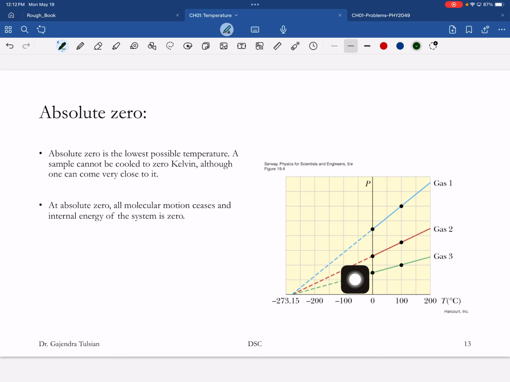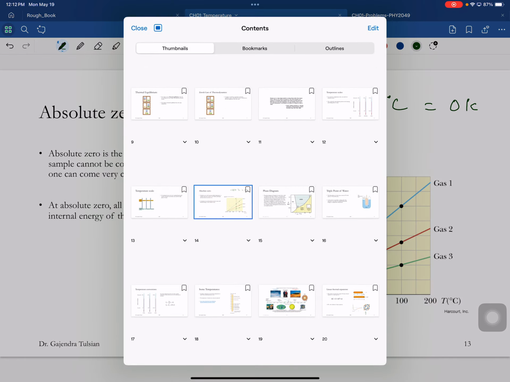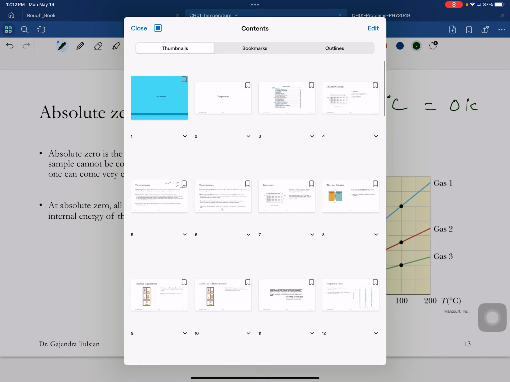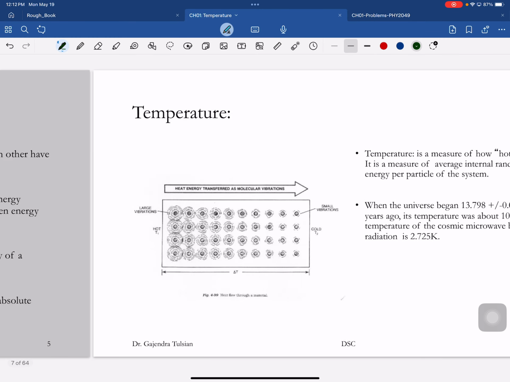But if you extrapolate, the temperature at which the pressure goes to 0 is minus 273 degrees Celsius. And so we call this 0 degrees Kelvin, and that's absolute 0. Okay, so that's the third law of thermodynamics.